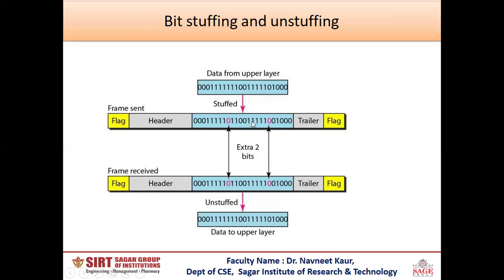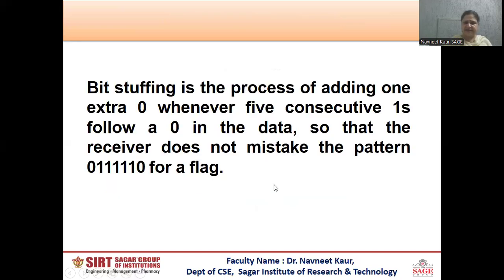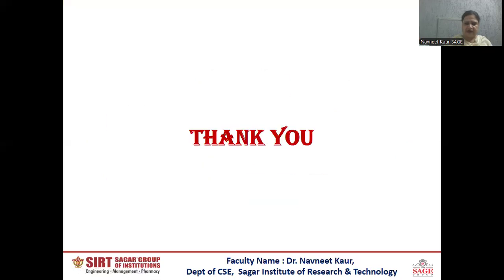This is known as bit stuffing, which is carried out at the sender end. When this frame is received at the destination, this extra 0 is removed and the useful data is recovered. The removal of this extra 0 is known as bit unstuffing. So bit stuffing is the process of adding one extra 0 whenever 5 consecutive ones follow a 0 in the data, so that the receiver does not mistake the pattern 01111110 for a flag.